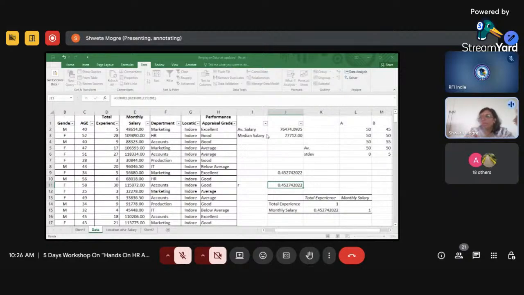We are checking whether we can generalize this regression equation or not. Our regression model is fit or not. Okay, so right now you just click on confidence level. In few minutes, I will discuss in detail what we mean by confidence level. I will explain you. Don't worry.